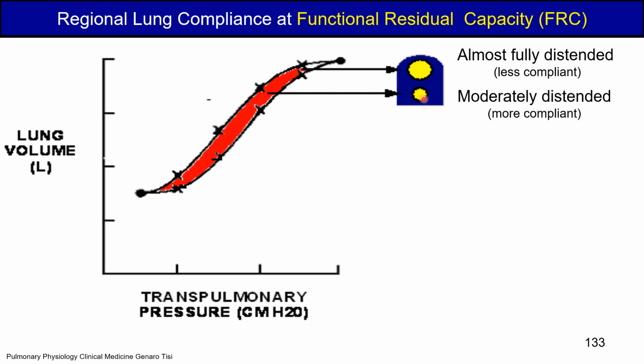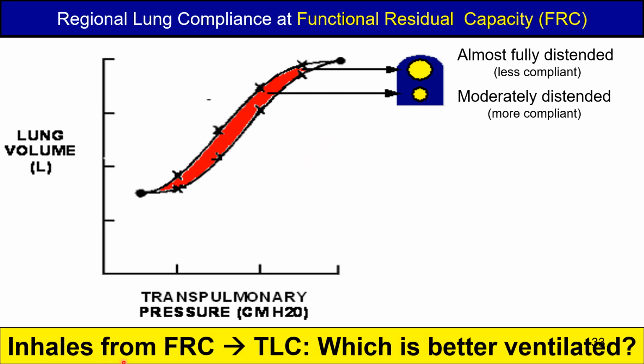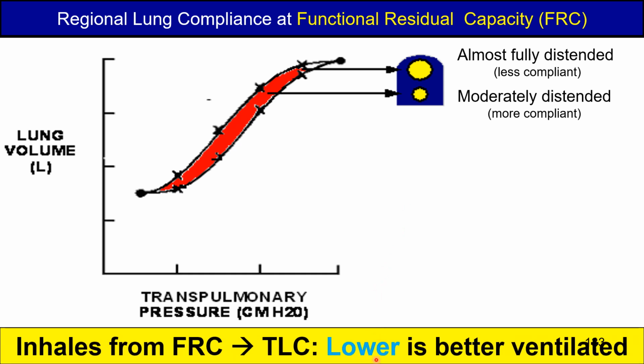If we inhale from FRC to TLC, which is better ventilated? The one that is more compliant, which is moderately distended at the bases. So the lower lung zones are better ventilated as we inhale from FRC to TLC.